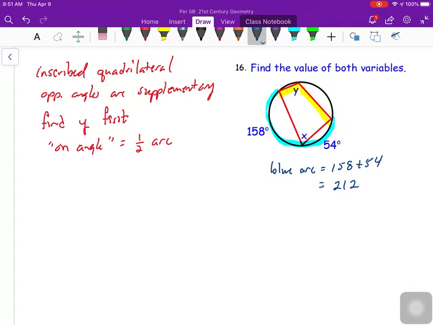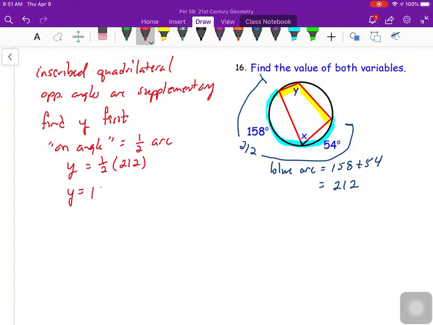So that blue arc will equal 158 plus 54, so that will be 212. So that whole arc is 212.